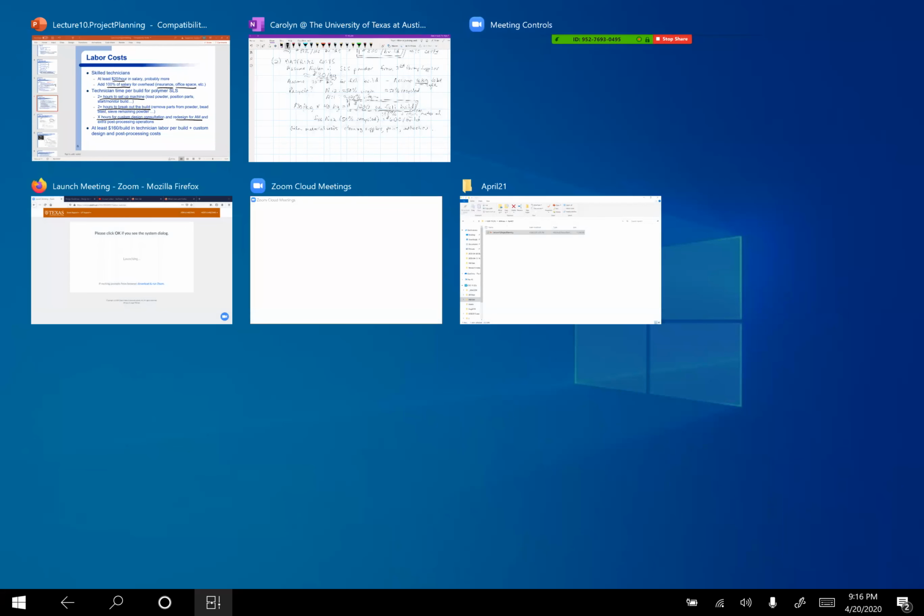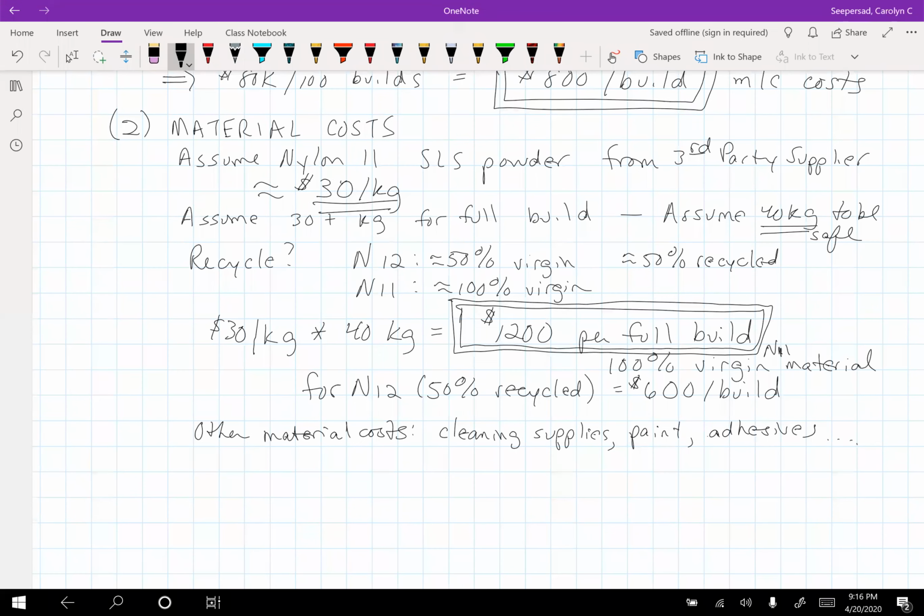All right, so let's go back to our notes and add that in for our build. So step 3 here, labor costs. Okay.